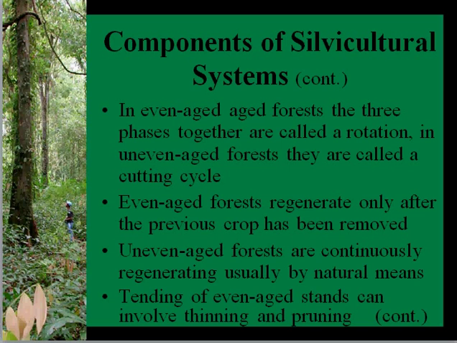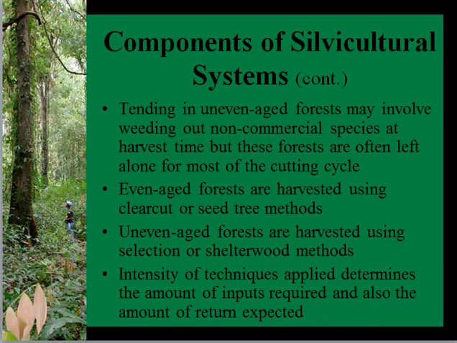Tending of even-aged stands can involve thinning and pruning, and tending of uneven-aged forests may involve weeding out of non-commercial species at harvest time. But quite often uneven-aged forests are left alone for much of the cutting cycle, so that they are only visited when they are harvested.